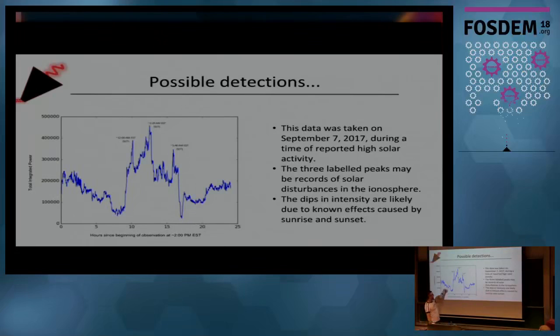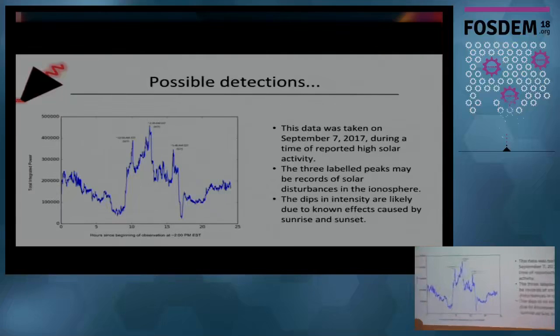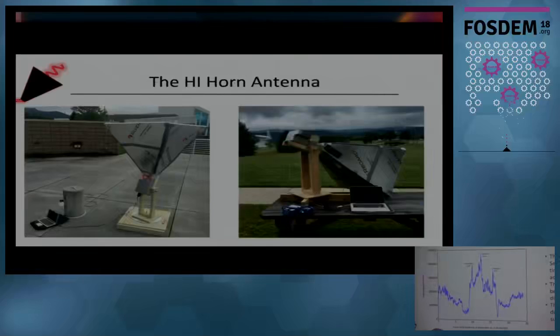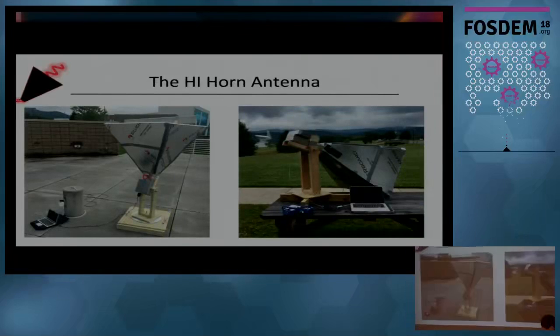I didn't know this either, but as you have sunrise and sunset, the reflection actually goes down, which are these dips here. But this is nice, and it's not like those just randomly happen, right? There are forecasts for this kind of thing. So if you're into the ham radio scene, then you will know that. So that's a good time to set up an experiment like that.